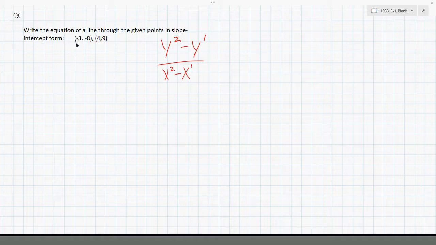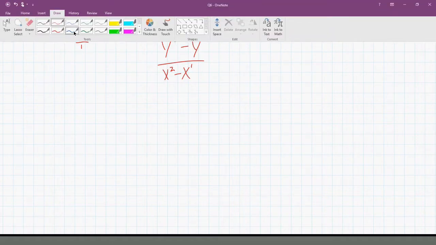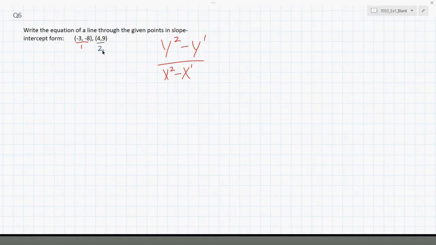So we're going to say that the first set is going to be our 1, and the second set is going to be our 2 value. So y2 minus y1. Since the y value is 9, it's going to end up minusing the -8, but I'm also going to write the 4 down here so you can see this better.